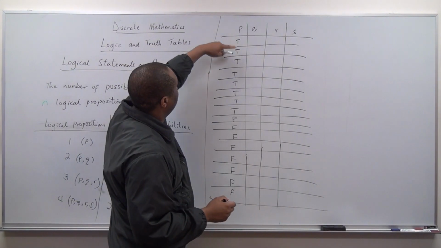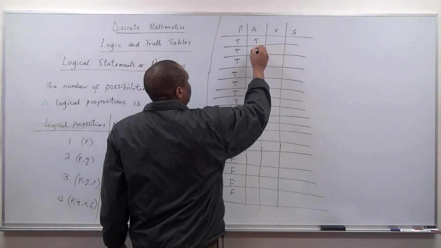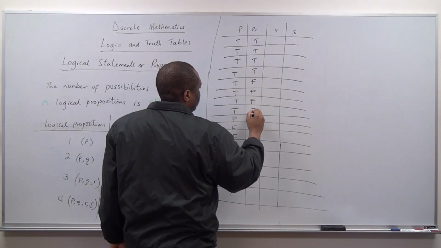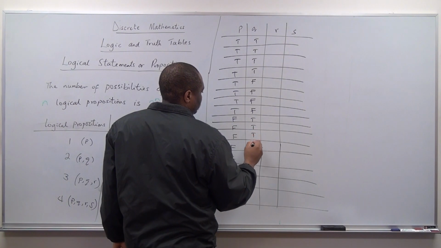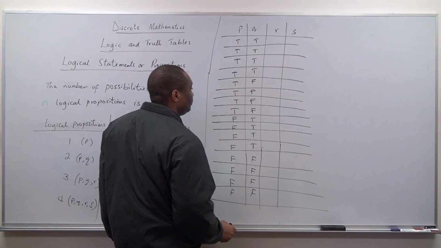Then for Q, 8 divided by 2 is 4. So this is true, true, true, true, false, false, false, false, true, true, true, true, false, false, false, false.